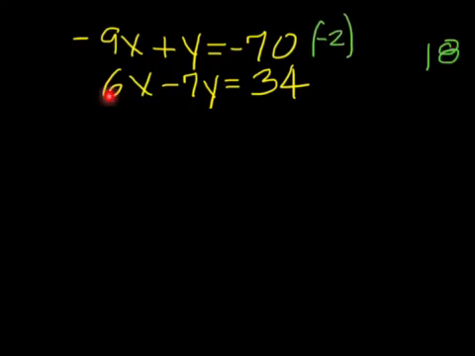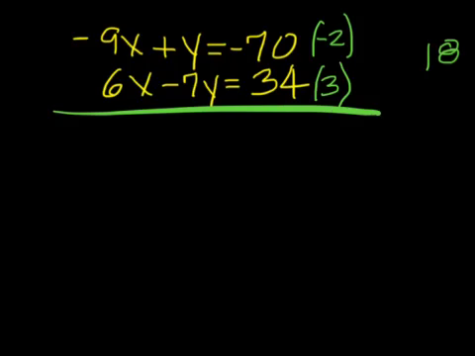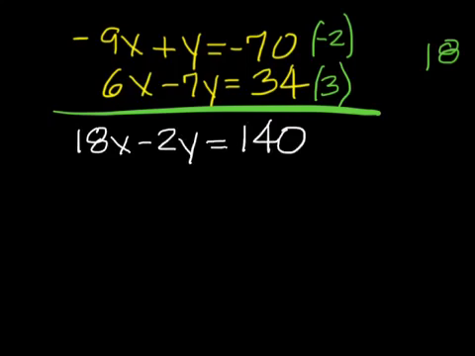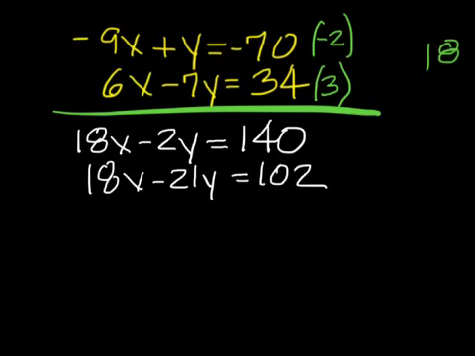And what do I multiply 6 by to get 18? 3. So do those multiplications. On the top, you're multiplying by negative 2. So you should come up with 18x minus 2y equals 140. And on the bottom equation, when you multiply through by 3, you should get 18x minus 21y equals 102.